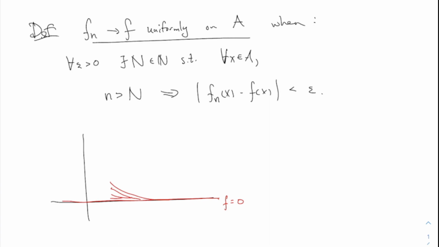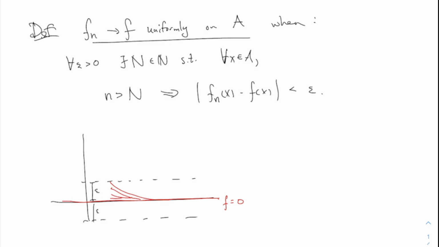So there's this little epsilon window here, where it goes both ways as usual. All the values of the function are within this window of the function that they're approaching, which on this picture is 0. All right.